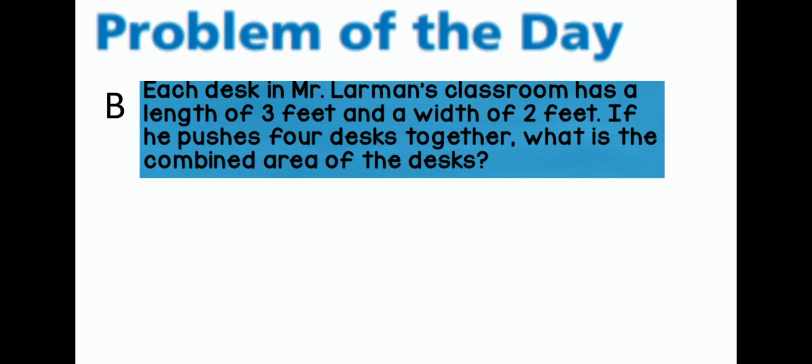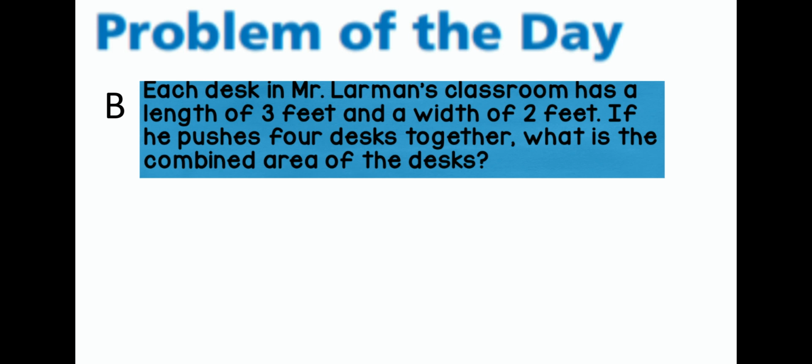The second question you're going to be answering says, each desk in Mr. Larman's classroom has a length of 3 feet and a width of 2 feet. So the top of the desk that you look at is 3 feet across and 2 feet across as well. So first you need to find out the area. What's just one of those desks?